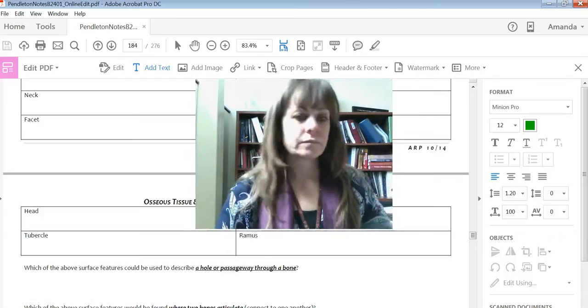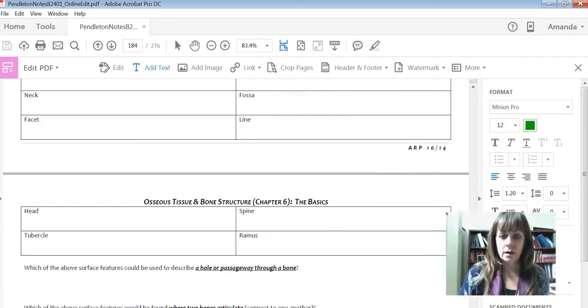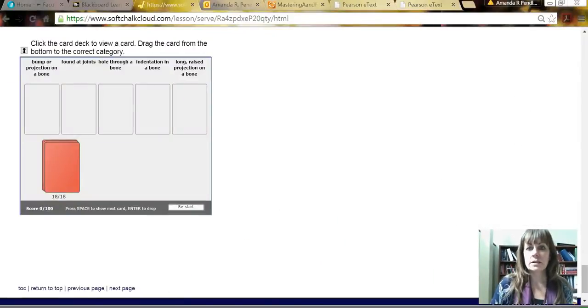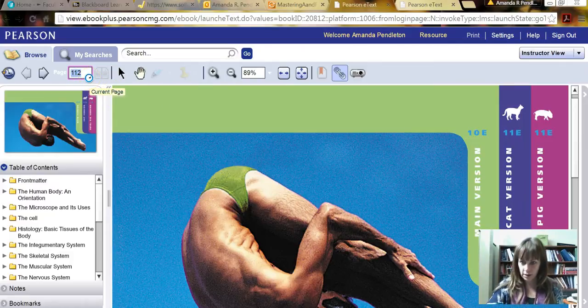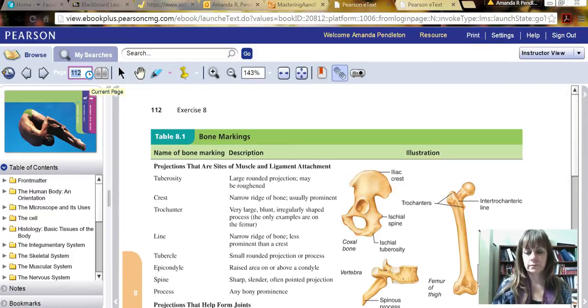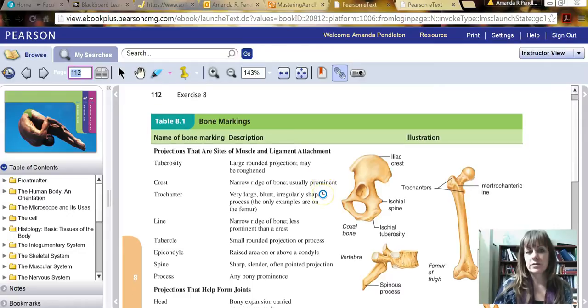So my suggestion is that you go to your text and go to page 112 in your lab manual, and it will take us there shortly. And here's this great table.